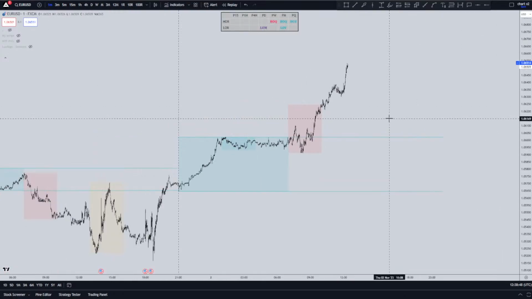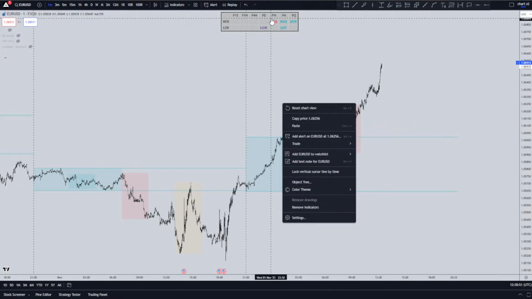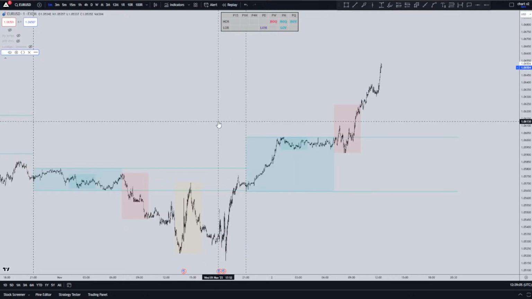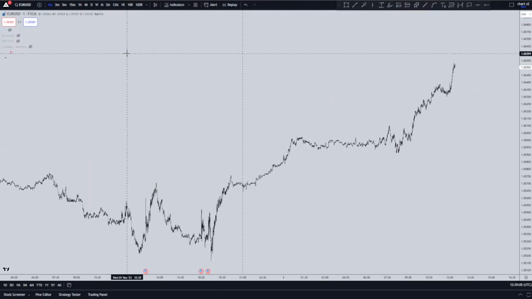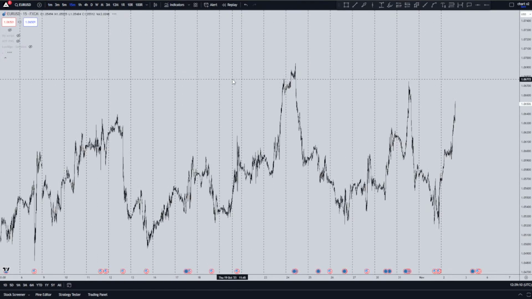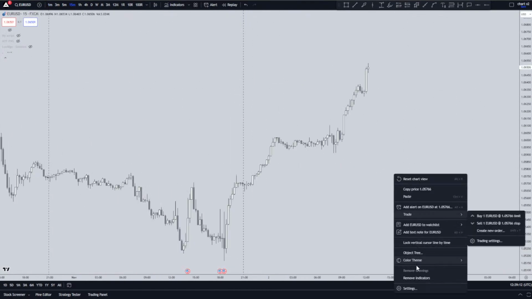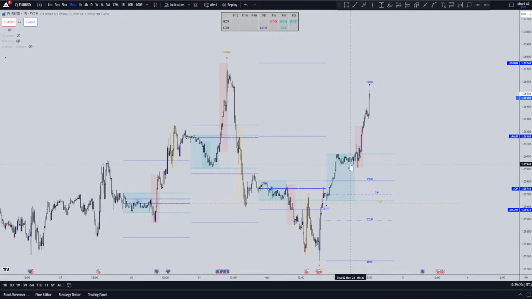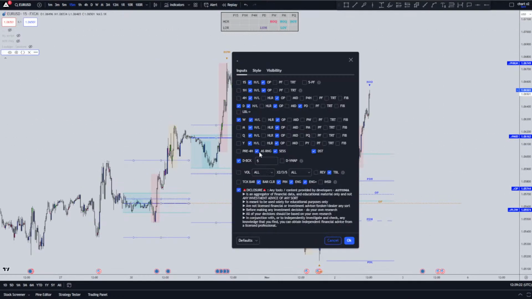Just to give you a quick example. If we put the daily previous day, and we don't need the Asia range for this.